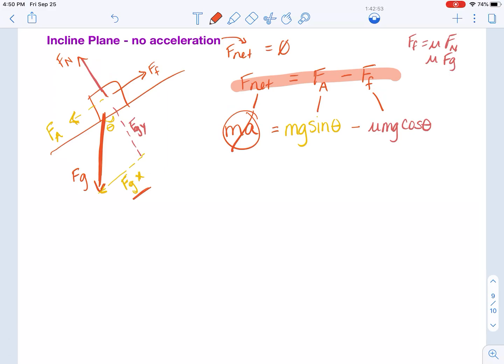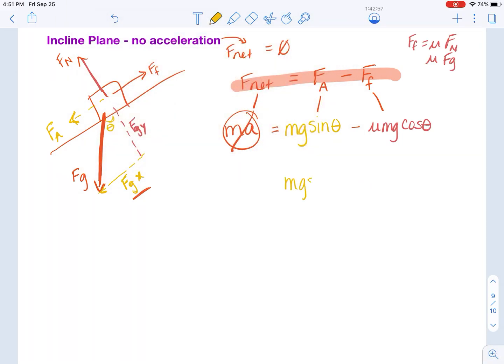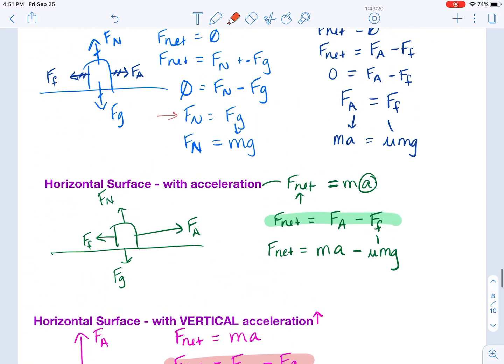So what I've been showing you in class is that we would probably end up simplifying this to mg sine theta is equal to mu mg cosine theta, because this specifically is for a situation where there is no acceleration. So our forces are balanced. And then you would do your algebra from here.